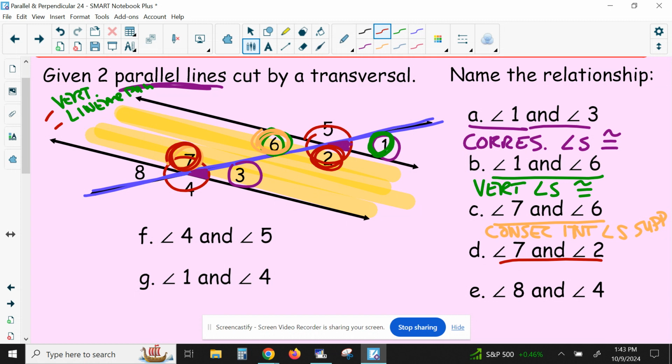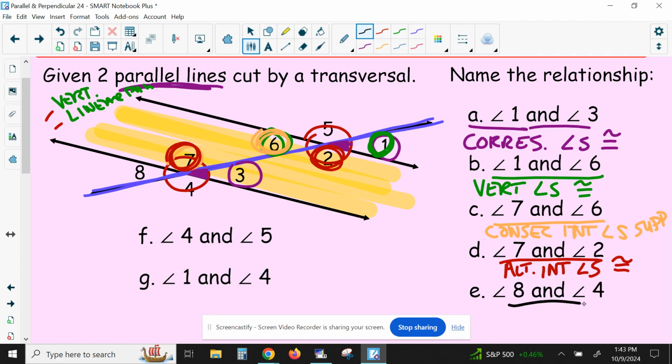Now, next thing you check, my transversal. Am I on the same side of my blue line or different sides? Different sides. So what do we call them? Alternate interior angles are what? Congruent. Those are both big obtuse angles.